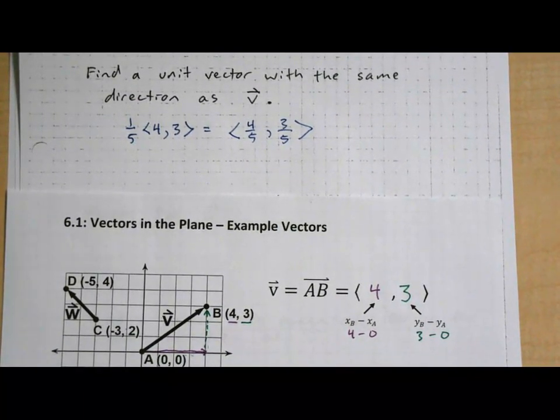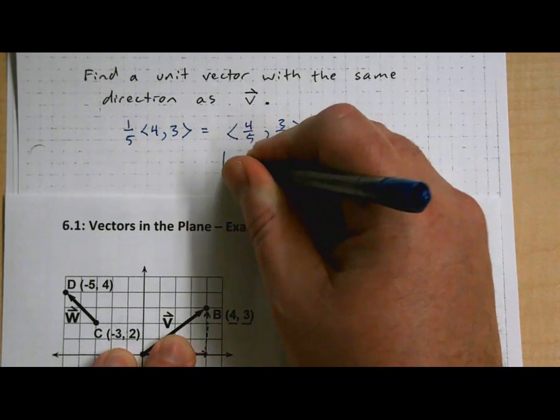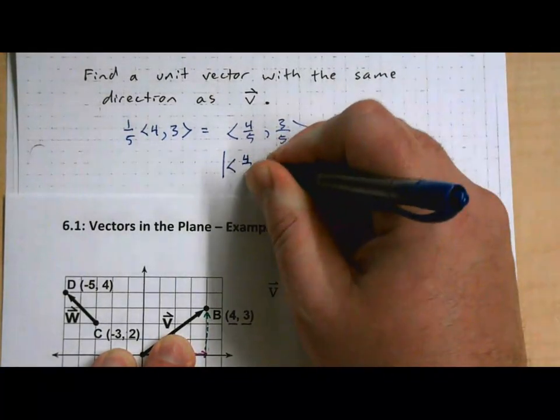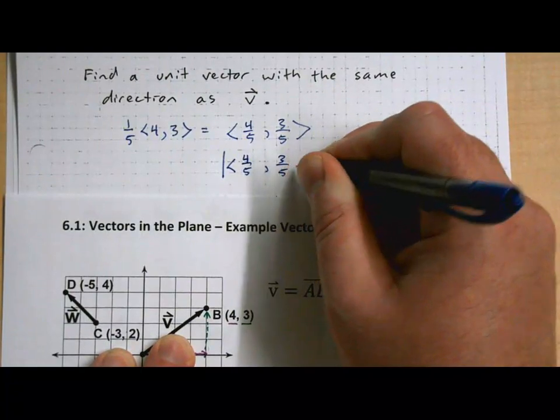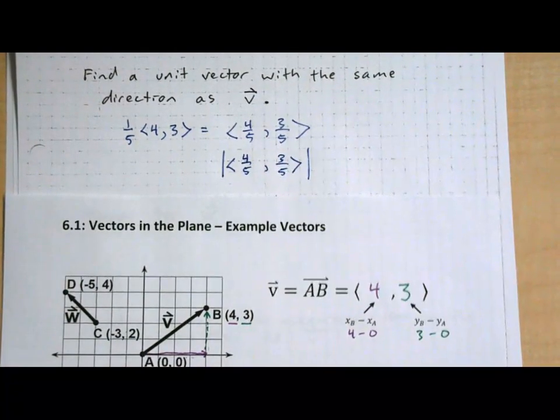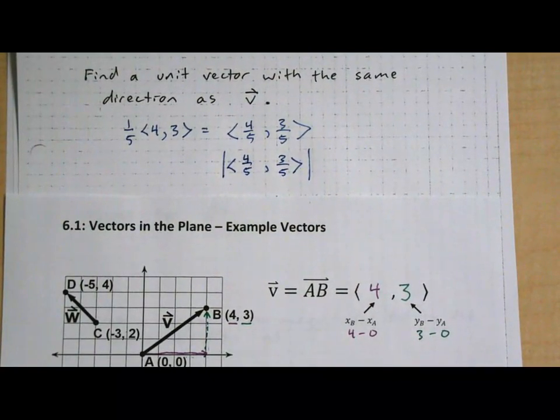I'd like you to prove to me and to yourself that that's a unit vector. Please find the magnitude of that vector. What are we hoping we come up with here, folks? If it's a unit vector, what does the magnitude need to be? It needs to be 1. So let's make sure it is.